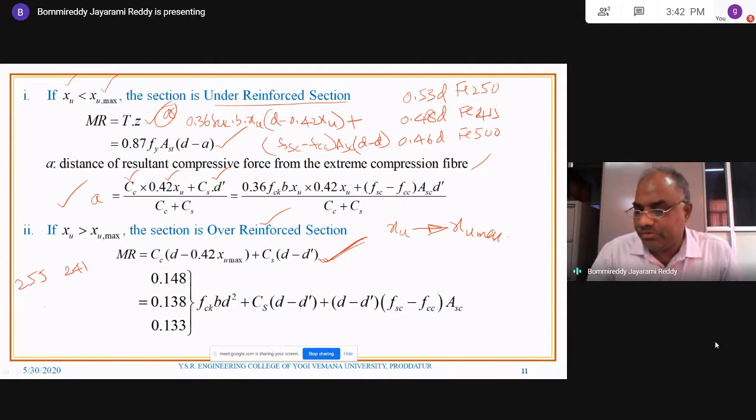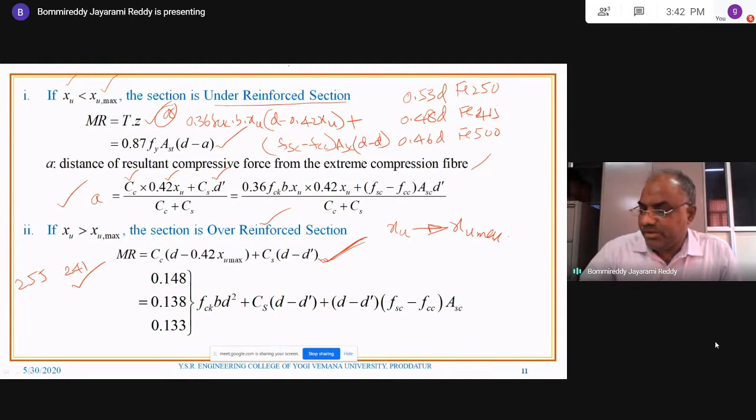So which numerical value is to be used here? We have to use only 241 because the depth of the neutral axis is always limited. And already I told you several times, the moment of resistance of the over-reinforced section is the same as that of the balanced section. So when it is over-reinforced, use this formula.